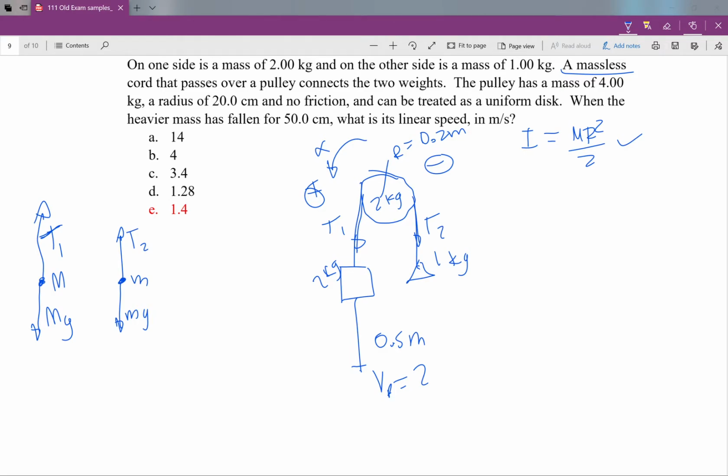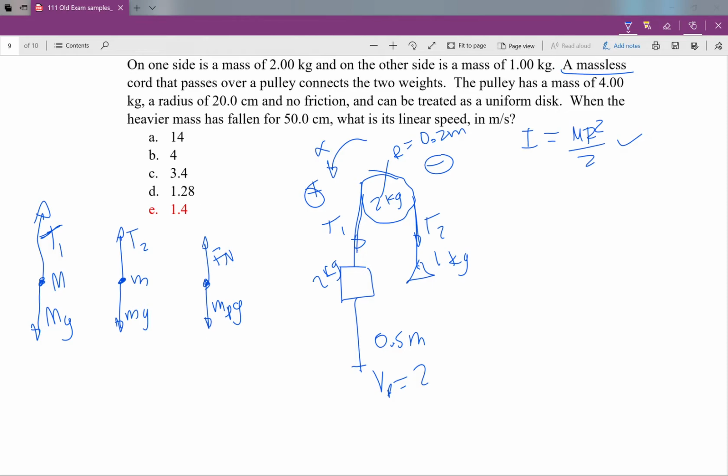Now, let's do a free body diagram for the pulley. For the pulley we have mg, so m of pulley, mp times g going down, and the normal force, Fn. But let's also do a free body diagram for the sum of the torques. How would we do this?